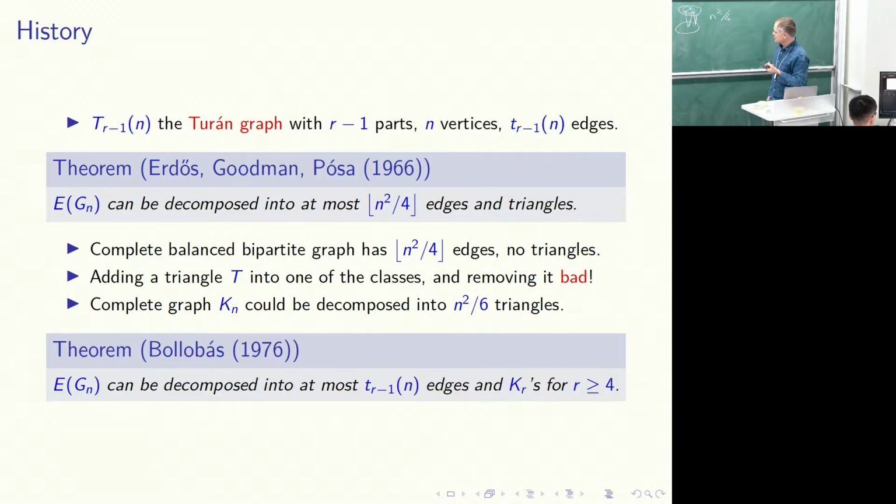Then the analogous statement holds: if there is no K_R, then the only parts that we can use are the edges, so we cannot do better than T_{R-1}(n), and if we have more edges, then using K_R's can make up for the extra edges.